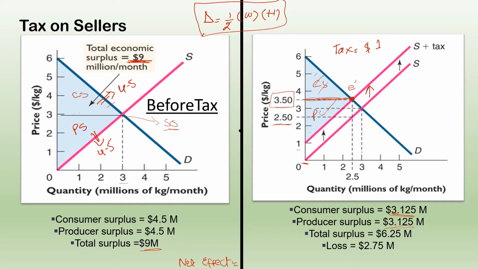So the difference between the total economic surplus before and after tax is equal to 9 minus 6.25, which is equal to $2.75 million per month.